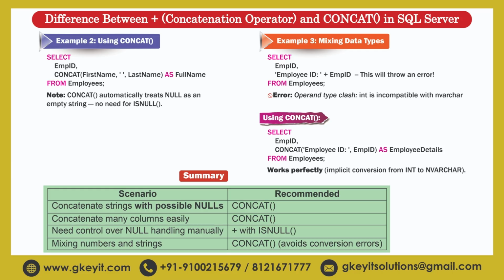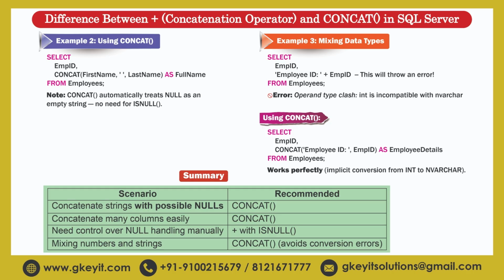And if you need to control null handling manually, here we can use the concatenation operator with the isNull function. If you are mixing numbers and strings, the concat function avoids conversion errors. These are the different recommendations for the concat function and the concatenation operator. Here plus is treated as the concatenation operator.